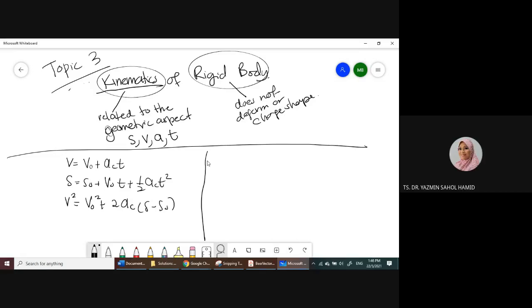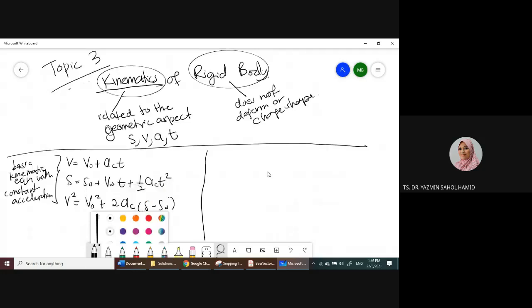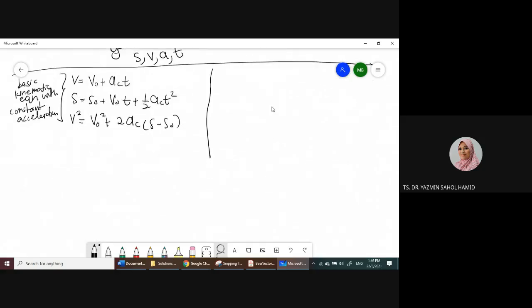Okay, this is the basic kinematic equation with constant acceleration. What else formula did you learn? The ones from even before that.